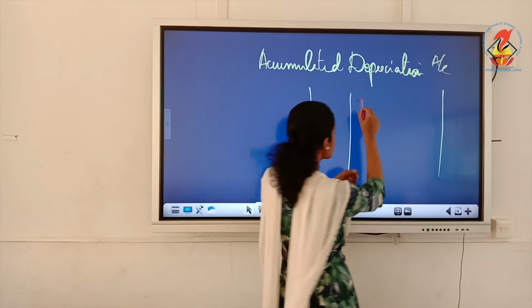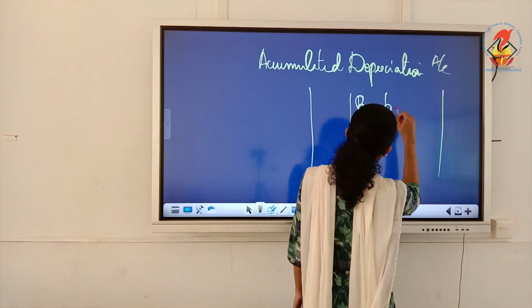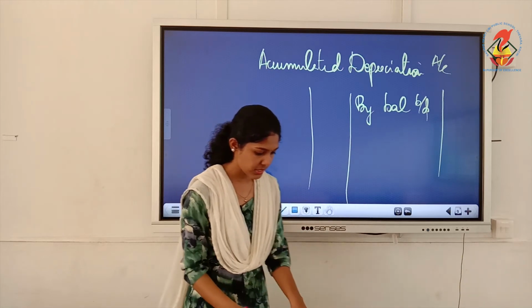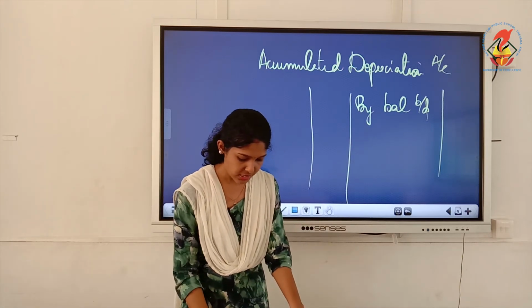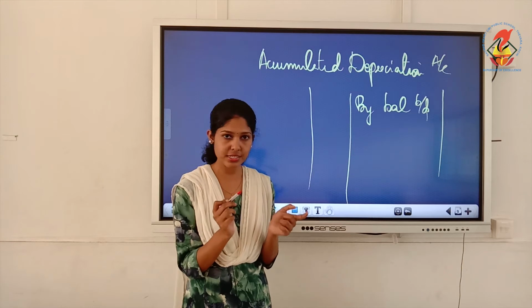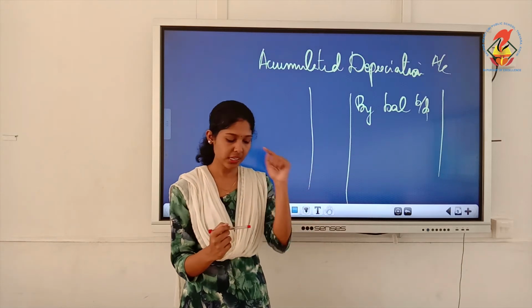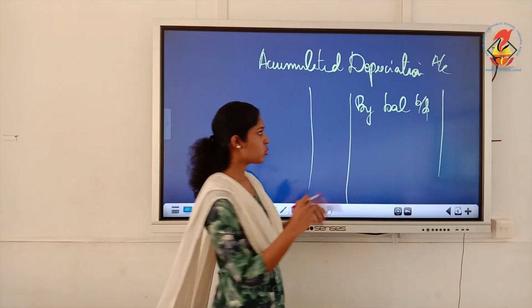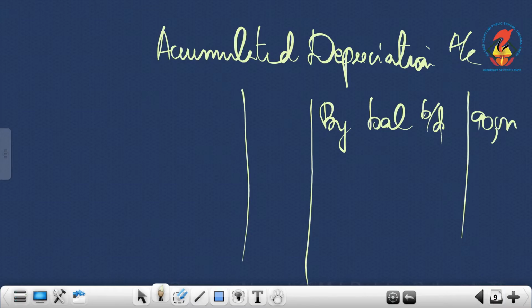That opening balance will be on the credit side. By balance brought down. So accumulated depreciation opening balance is given as 90,000. It is given as less 90 because they have written in the notes to accounts machinery less accumulated depreciation. But when you write, don't write it as negative, write it as 90,000. That is the opening value.